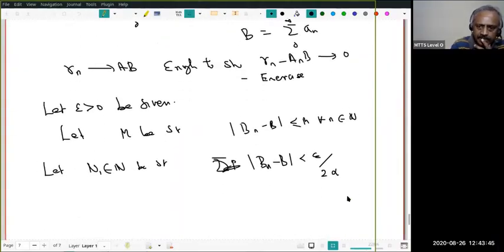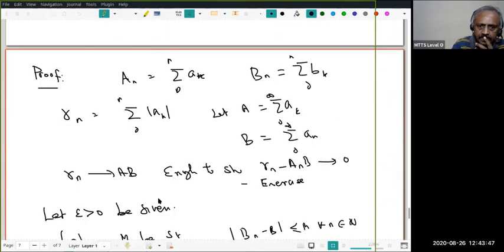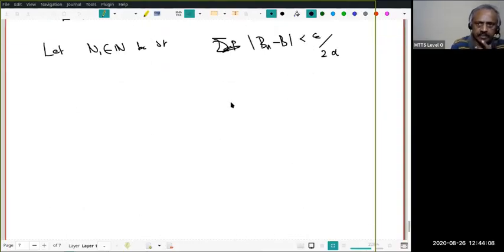Because remember, alpha is also defined. Okay, maybe it's not defined. Let alpha equal to summation. No, sorry, this alpha n. I said alpha n, but I wrote gamma n. Let alpha equal to summation mod a_n, which is the same as saying limit of alpha n. Okay, for all n greater than or equal to n1.